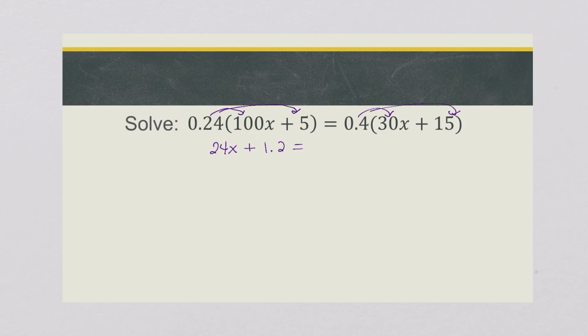0.4 times 30 is 12. So I get 12x. 0.4 times 15 is 6. Again, used a calculator. So now I'm going to grab my smallest variable term and move it to my larger variable term. 24x minus 12x is 12x.